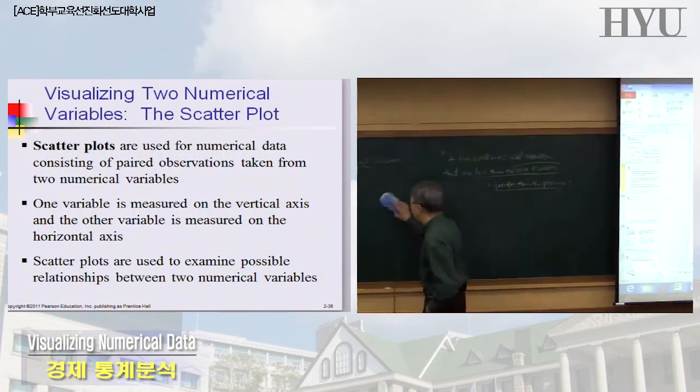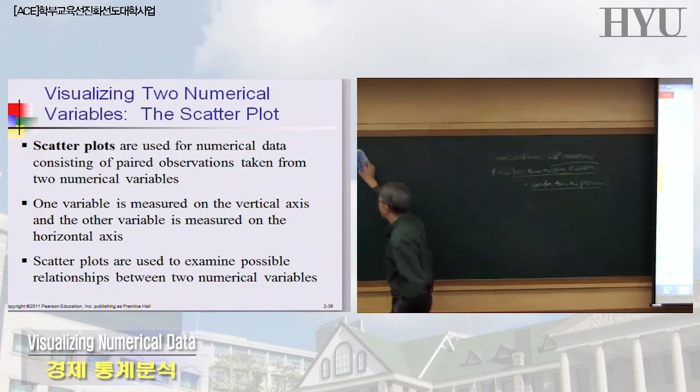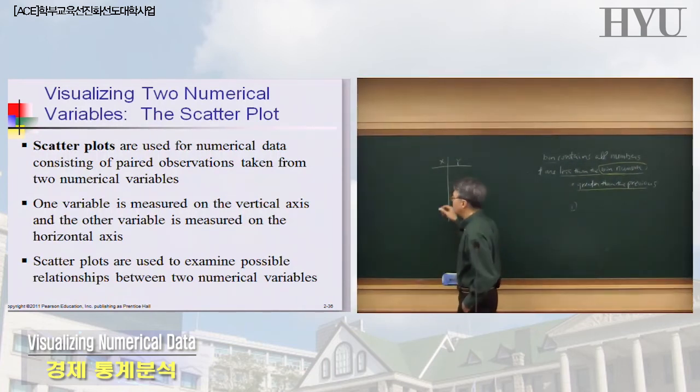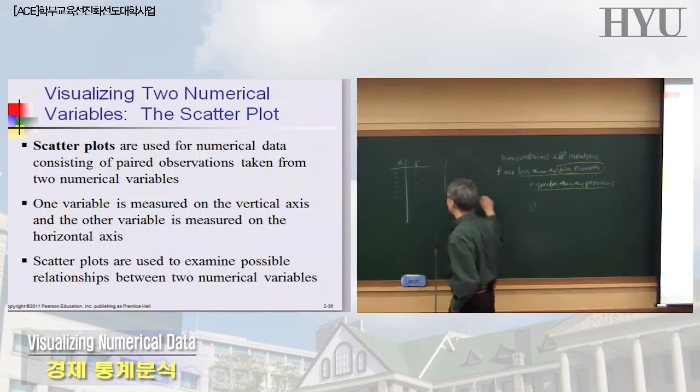So if you have, say, whatever number of hours spent studying and your exam score, right? Then by jotting down the data points, you can quickly see the trend.